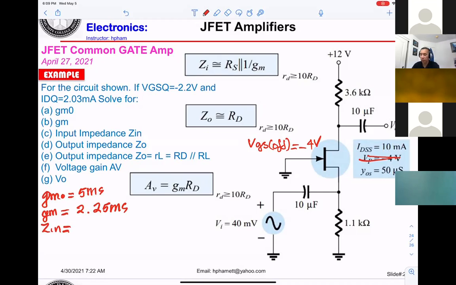Did anybody get 316.5 for the Zin? I got 3.18. Because what I did is, we figured out gm to equal 2.25 millisiemens, so I put that in parallel with RS, and that should be approximately Zin. The formula on top, you have to tell me what the unit. I want kilo ohm. Okay, hold on. Then that'd be like 0.315 or something like that. Let me do it again.